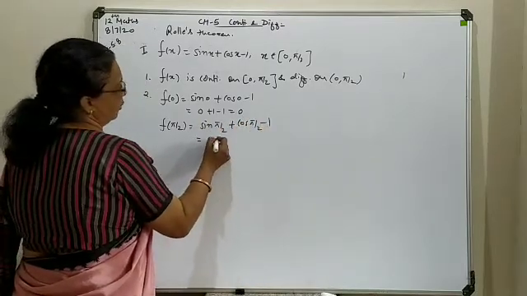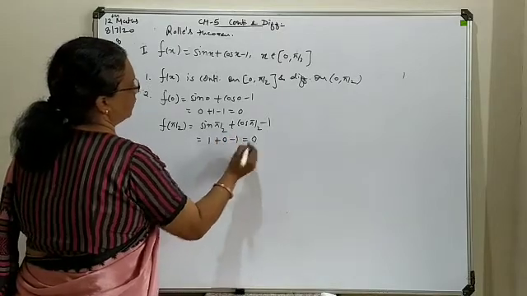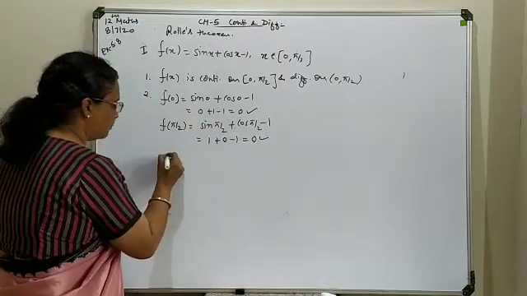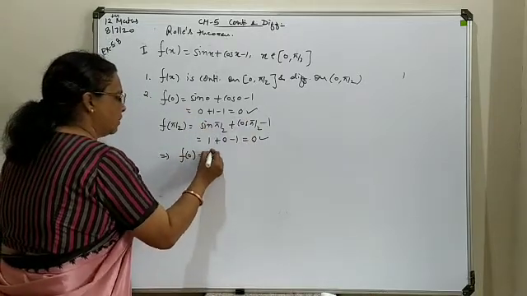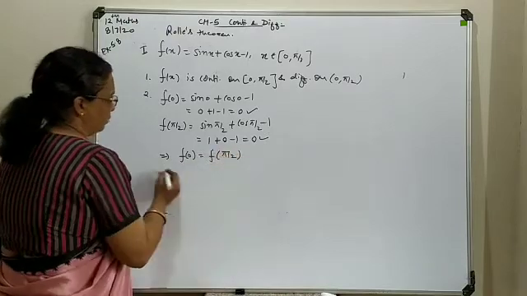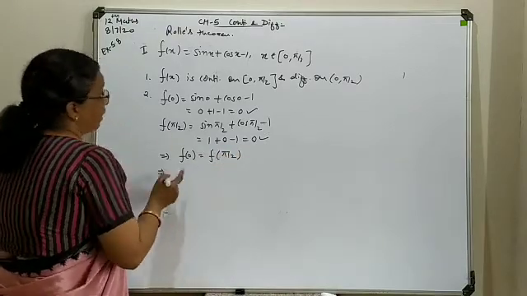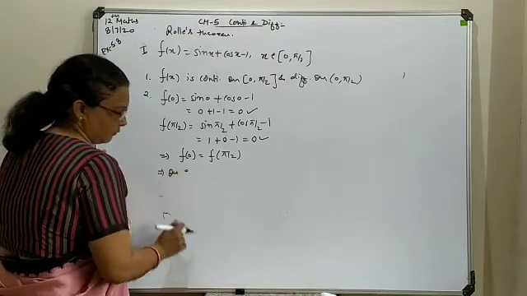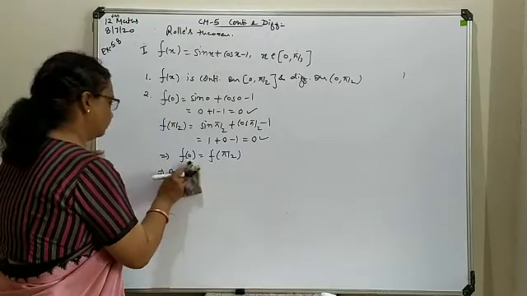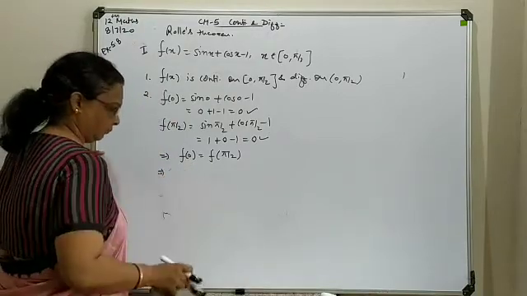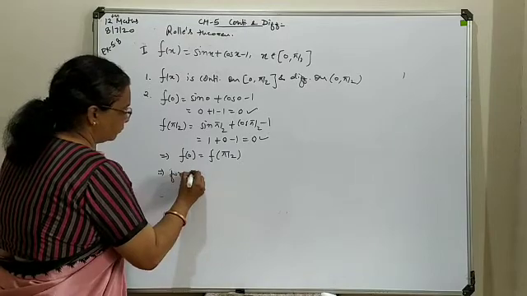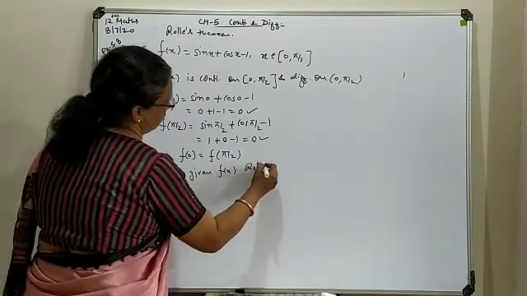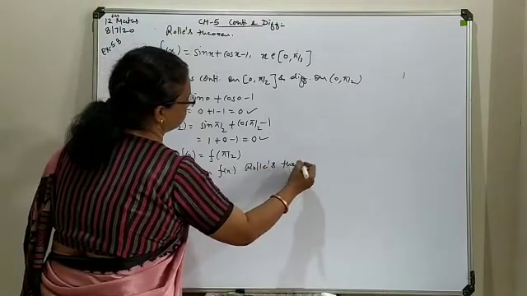Sin pi by 2 is 1, cos pi by 2 is 0, minus 1, which again turns out as 0. If you look at these two solutions, you will find they are the same. So f of 0 is the same as f of pi by 2. That means you can conclude that for the given f(x), Rolle's theorem is applicable.